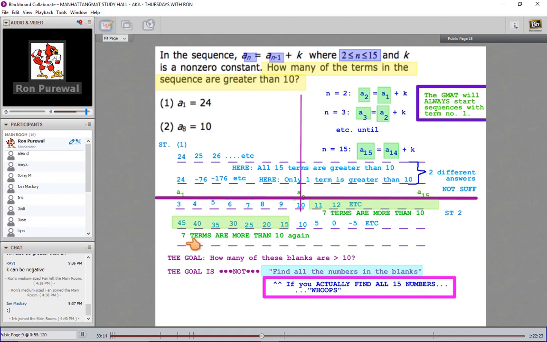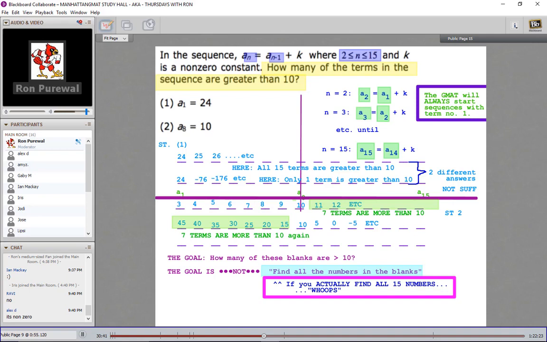Can you have a series that's like 10, 10, 10, 10, 10? Is that a thing? Can you do that? Nope, because non-zero. You have to add or subtract something that is not 0 every time. So that means that every single time it's going to do one of these two things.